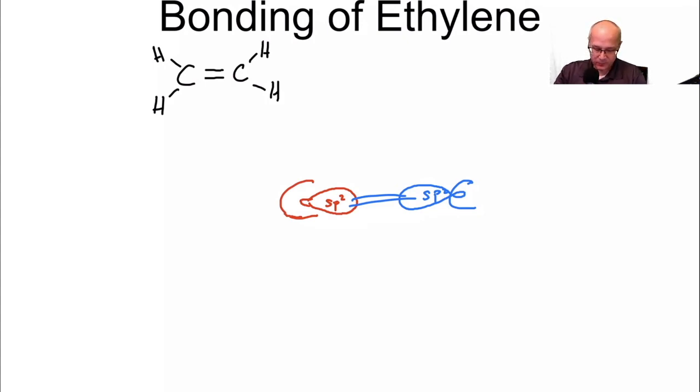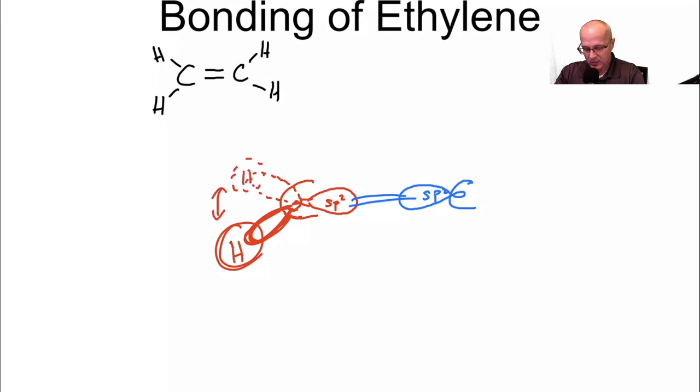But these certainly would be overlapping in reality. Okay, I just draw them apart to make life a little easier for me. You can too if you like. So here's my other sp2 orbital here coming towards us. There's the hydrogen. And here's the other sp2 orbital from the red one going back away from us. 120.